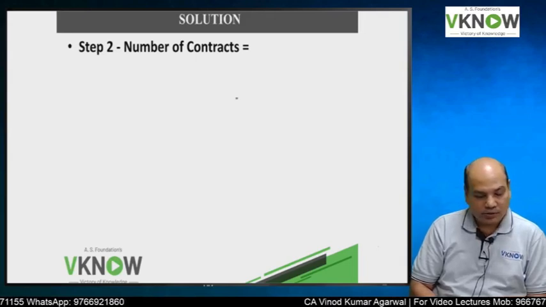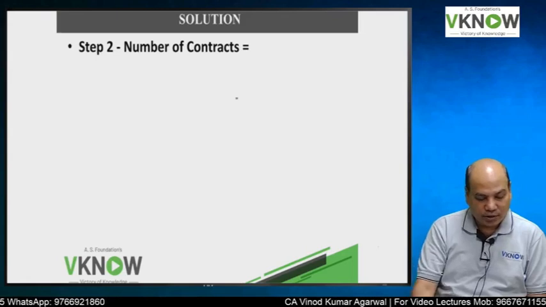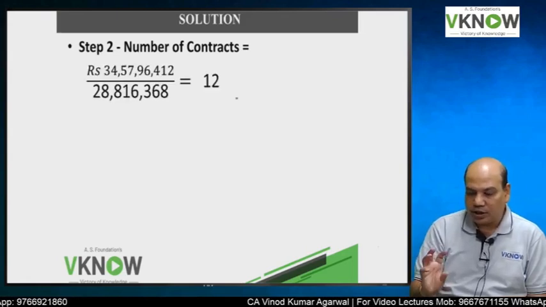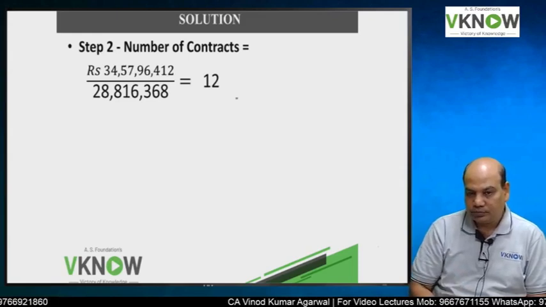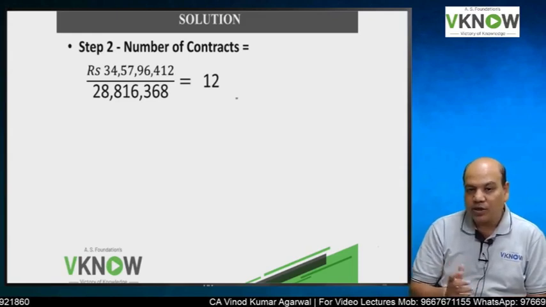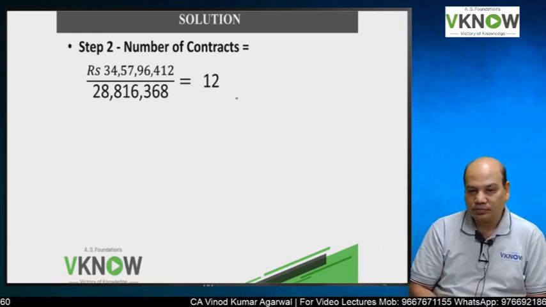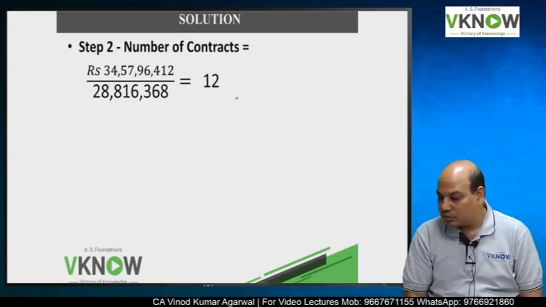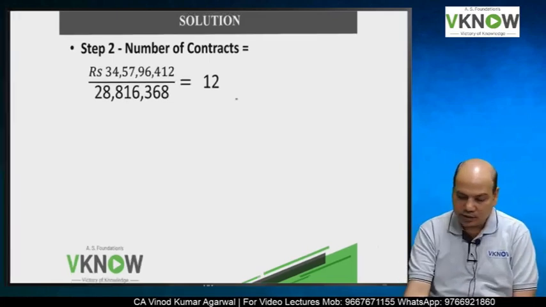Take the previous answer, divide by 28816,368. So 12 contracts. If you are getting a fraction, round off. 12 contracts you have to buy to hedge yourself. Is 12 right? Yes, 12 number of contracts is right.